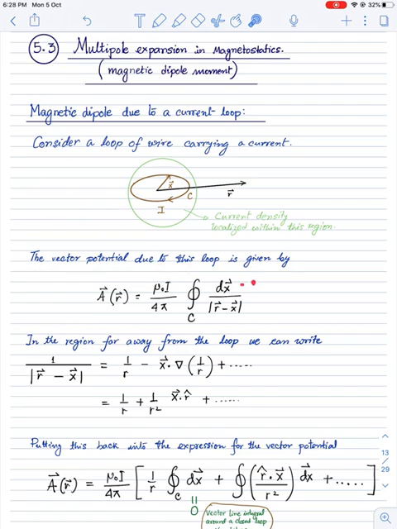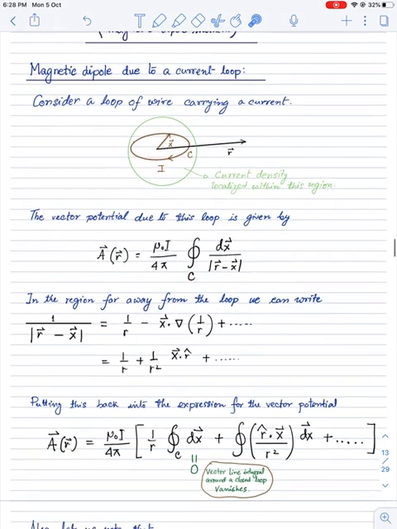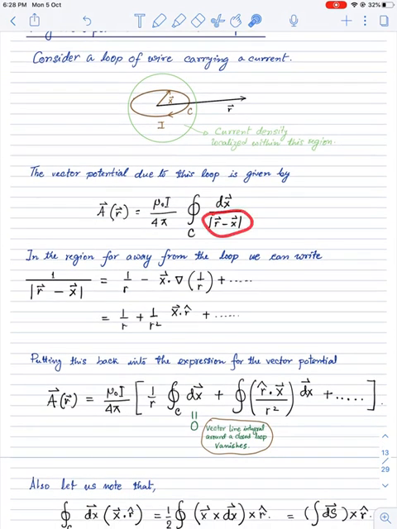Now we know the potential due to this loop. We have solved the problem generally. The potential due to this loop is basically this line integral, where C is the loop about which the current is flowing. We have this denominator here, and we are interested in the far region, where the mod of R is much greater than the mod of X, the typical radius of this loop.